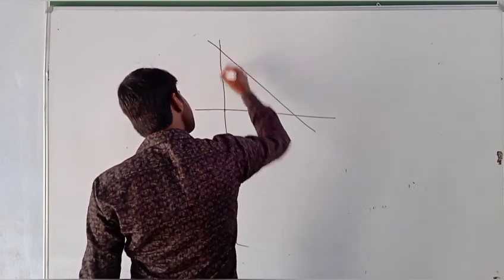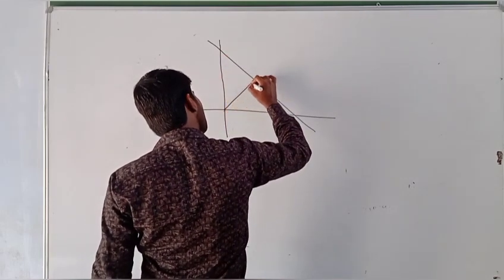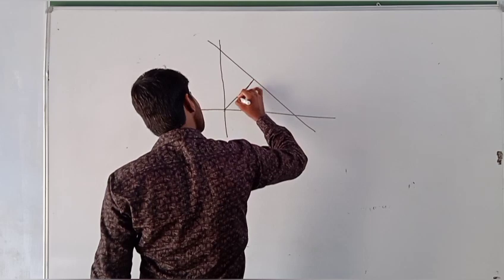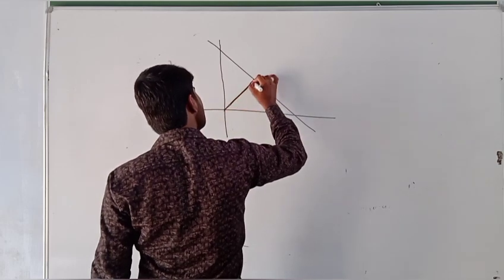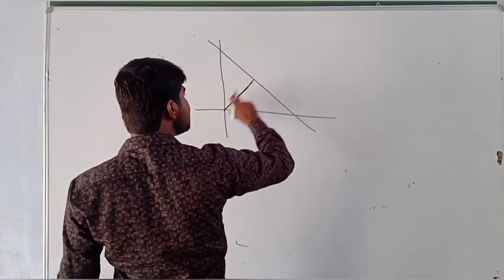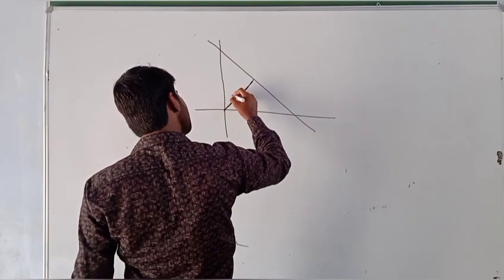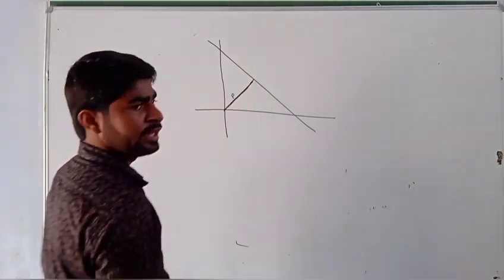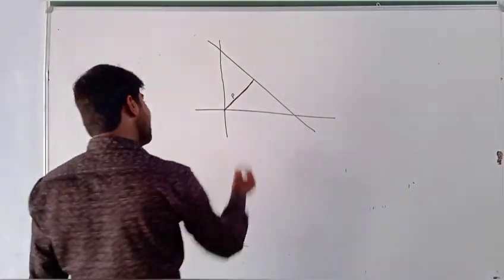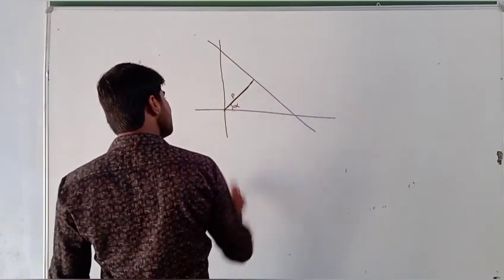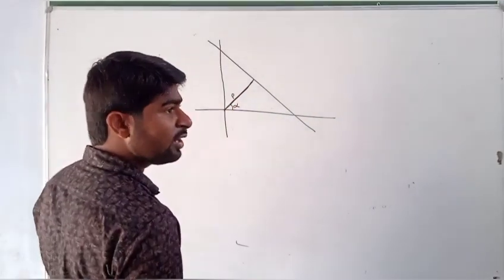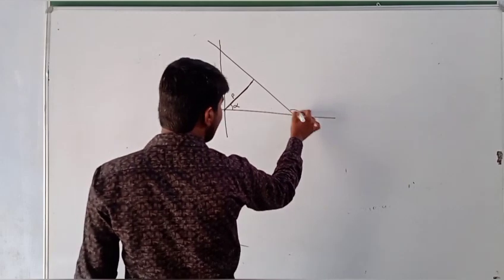First is the length of the perpendicular from the origin to the line, that is p, and the angle alpha, not theta. Theta is the angle the line makes with the x-axis.